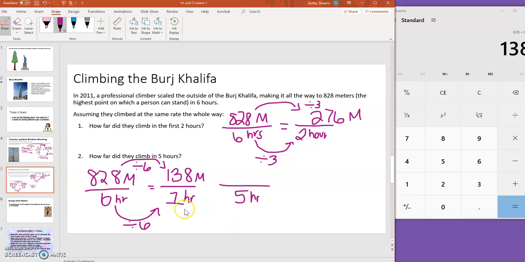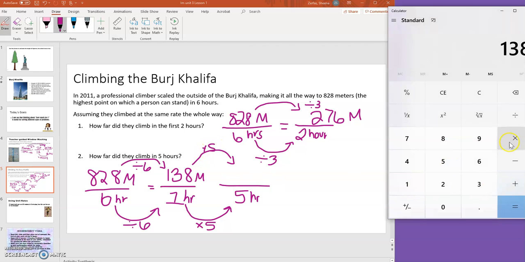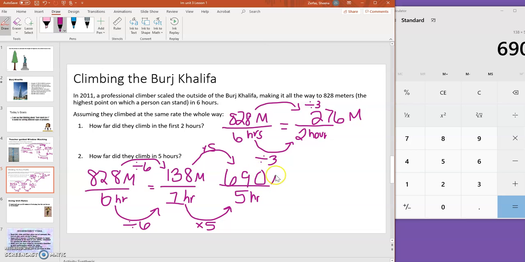Now that I know the unit rate, how much for 1, again, going from 1 to any other number, you're just multiplying by itself. So 1 times 5 will give me 5 hours. And so to get my final answer, 138 times 5 is 690 meters.